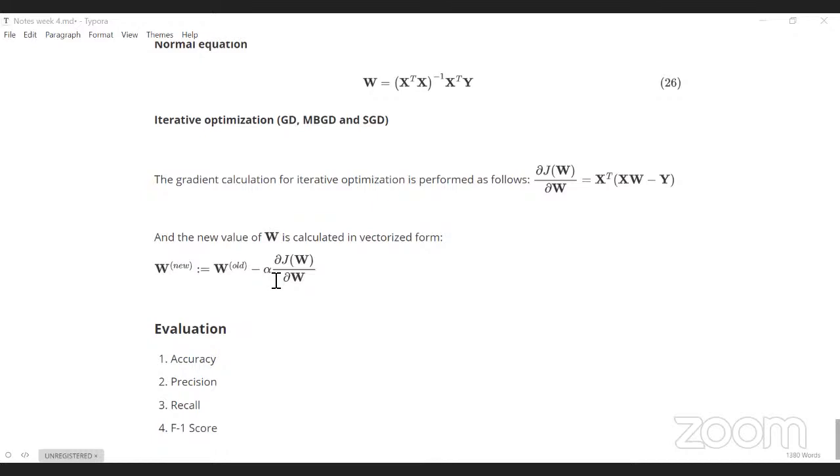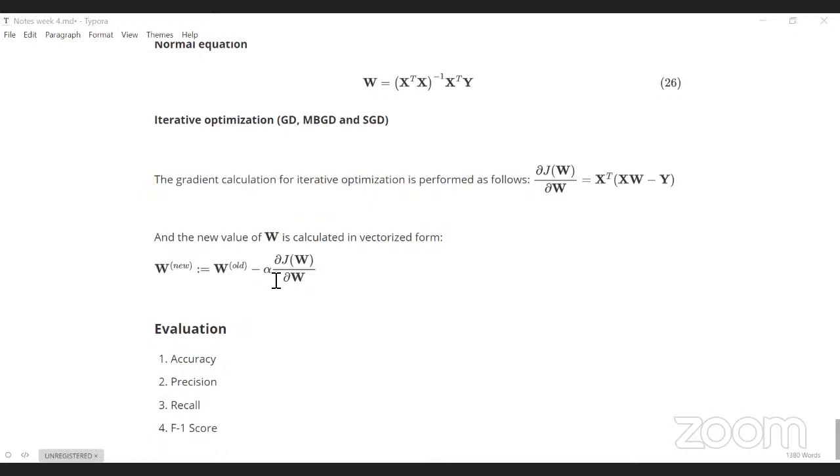So true positive upon all predicted positive, that is true positive TP plus false positive FP, the falsely predicted positives. Okay. And what is recall?